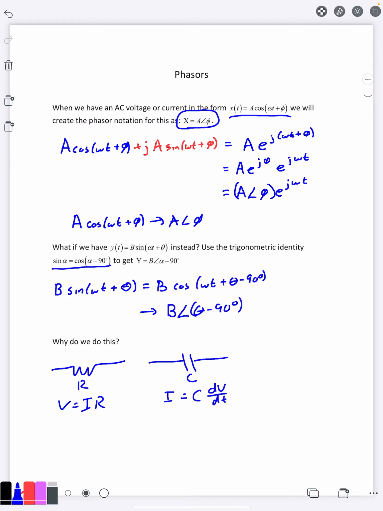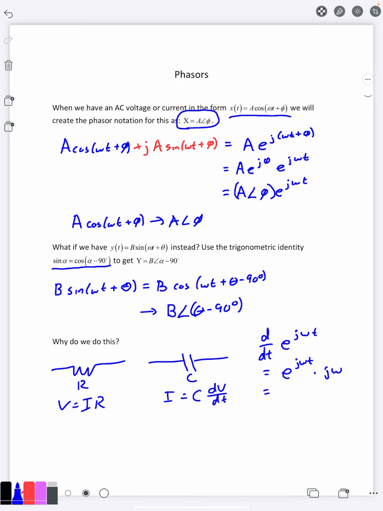But let's point out something here. If I have the function e to the j omega t, and I take the derivative of that with respect to time, we have e to essentially a constant times t. It's going to be e to the same constant times t times the derivative of what's inside. And again, j omega is constant, so the derivative is j omega.